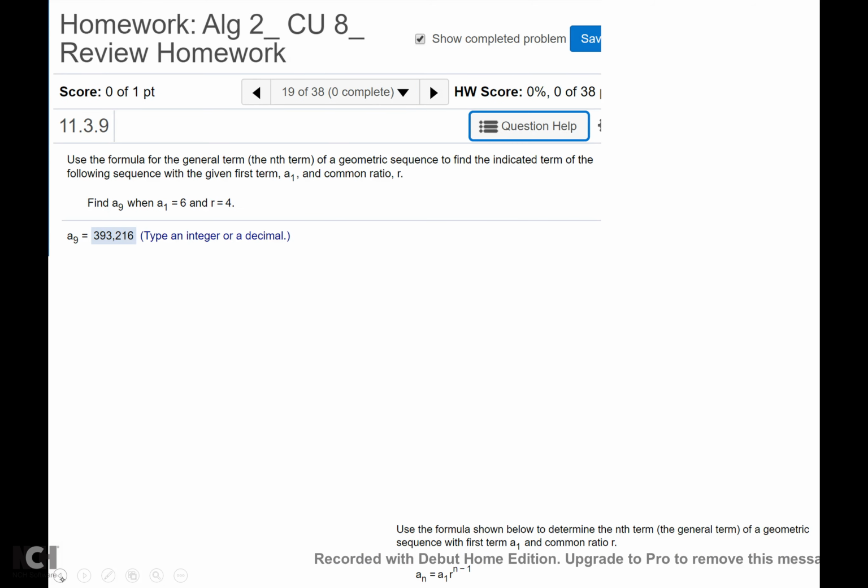Let's skip one here. Use the formula for the general term, the nth term of a geometric sequence, to find the indicated term of the following sequence with the given first term a sub 1 and common ratio. To find the general form of a geometric, it's a sub n equals the first term times n minus 1 copies of the common ratio.